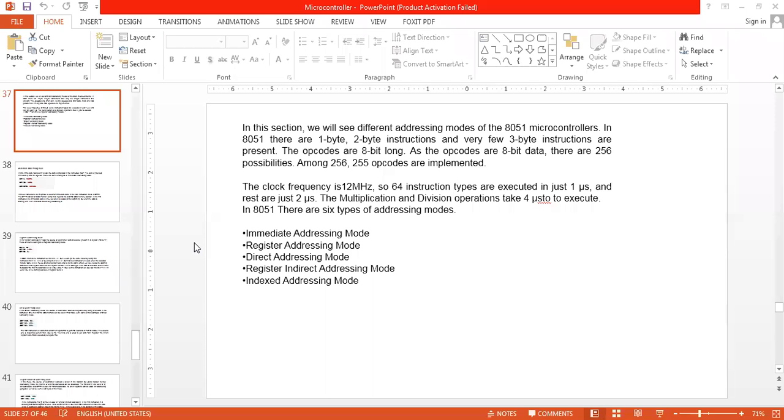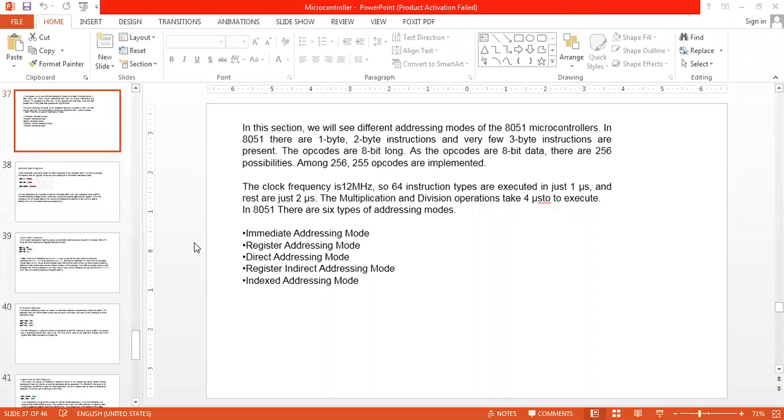So, okay, before starting today's class, let us glance at what we discussed in the last class. We went through different addressing modes, the types of addressing modes, and what the addressing mode actually is.